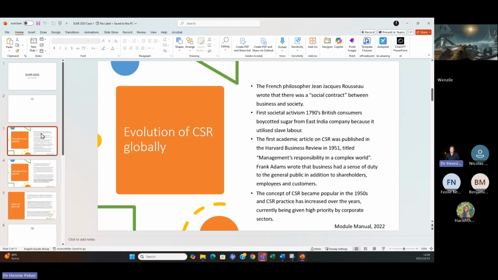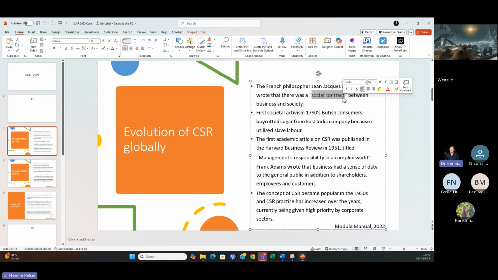So the evolution is really an indication of where we started with the idea that business has a role to play within society. You can see some of these notions, and I quite like the idea of the social contract. The social contract is based around the notion that every business is part of a broader citizenship, and every business is therefore a corporate citizen.